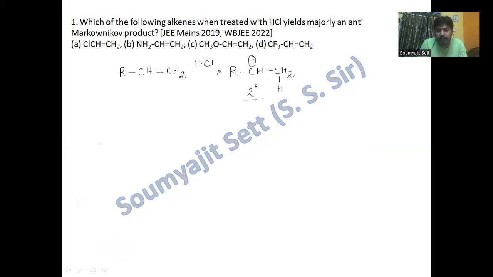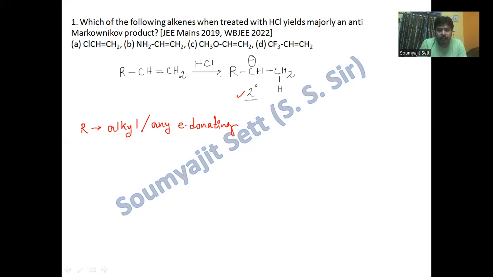If the R group is alkyl or any kind of electron donating group, then this 2 degree carbocation will be highly stable.